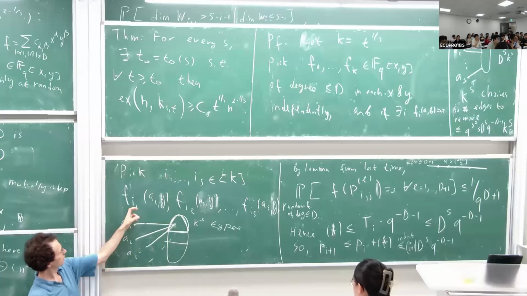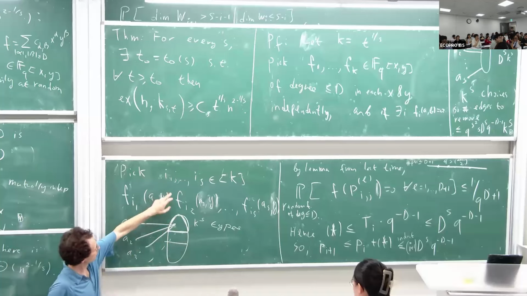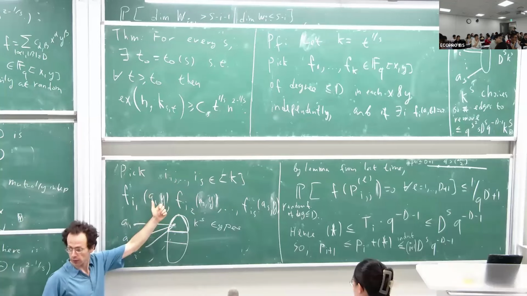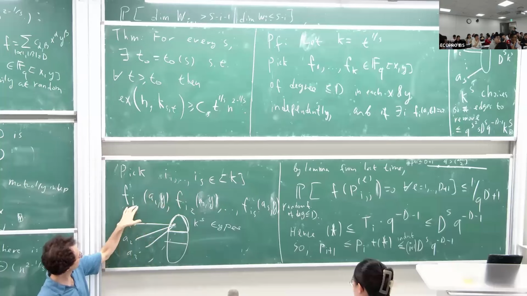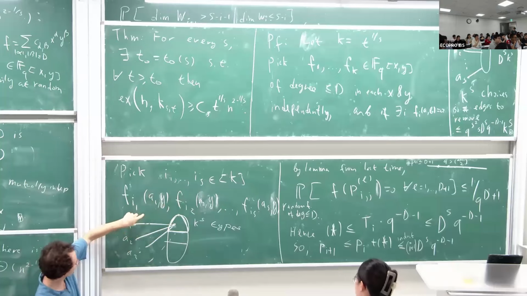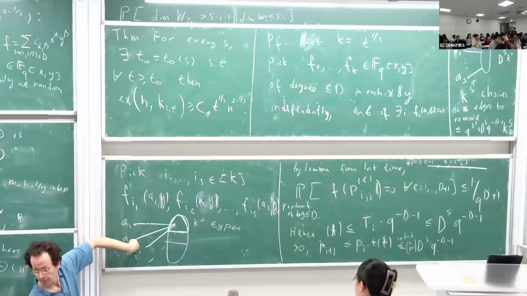I know if this is of type I1 through IS, I'm basically looking at the polynomials I1 through IS at the appropriate vertices.